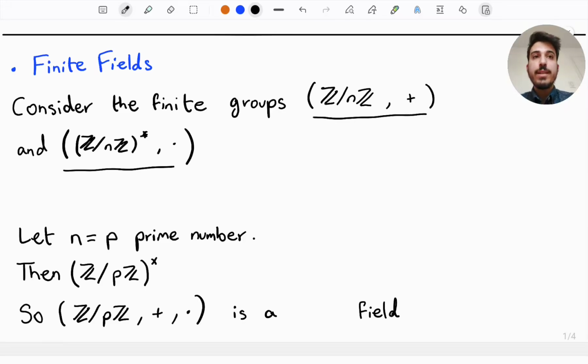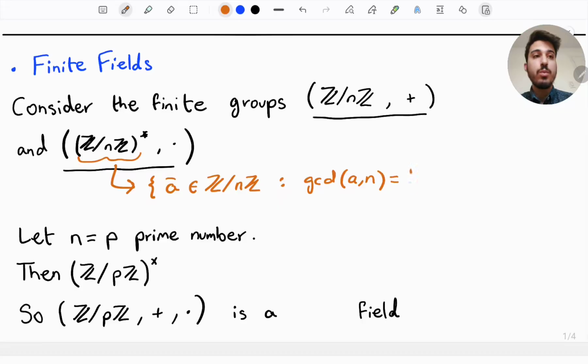Well, what is (Z/nZ)*? If you remember from previous lessons, it was all the residue classes a in Z/nZ such that the GCD of a and n is equal to 1.